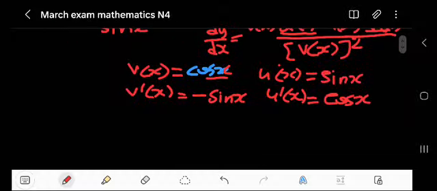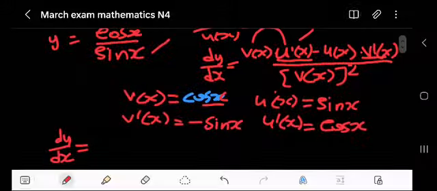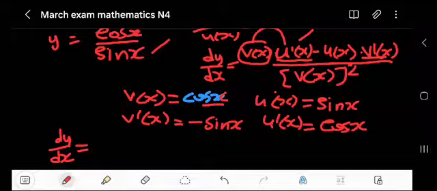We can have our dy over dx using the formula. We have what? V, the v is cos.